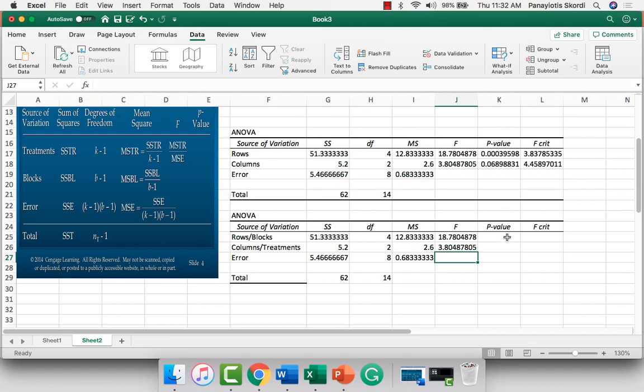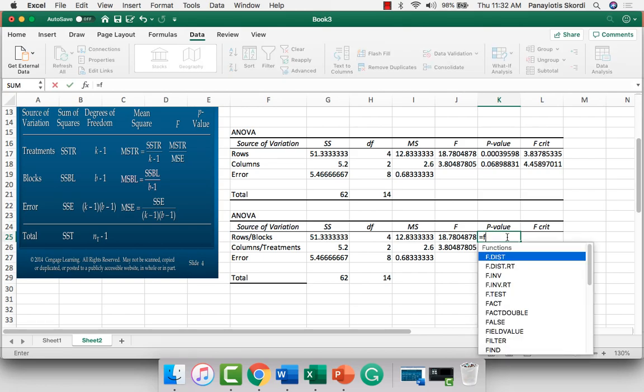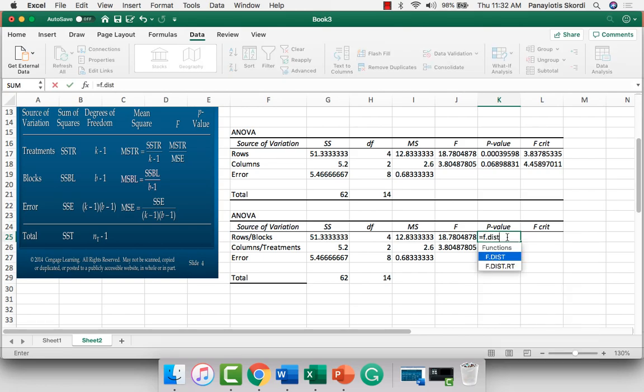To get the p-value, we just use =F.DIST.RT for the p-value. The first thing it wants is the test statistic, and then it wants the degrees of freedom that you used in generating the F-test statistic. In this case they were the 4 and the 8, because we divided by the error term. So that should give us the same answer as the one above.